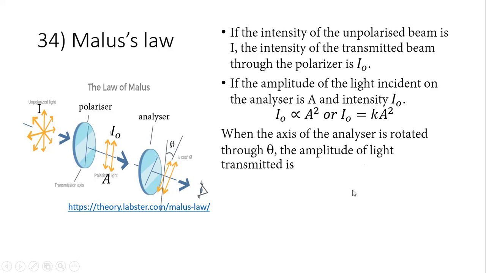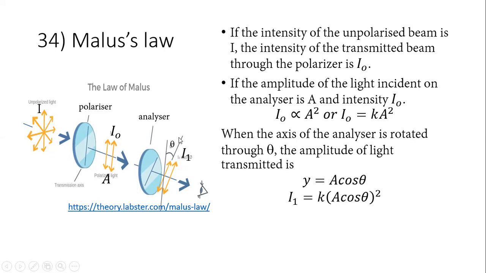When the axis of the analyzer is rotated through an angle theta, the amplitude of light changes. Just resolve it: A is here, so at the angle theta it becomes A cos theta. The other component that's perpendicular is removed.